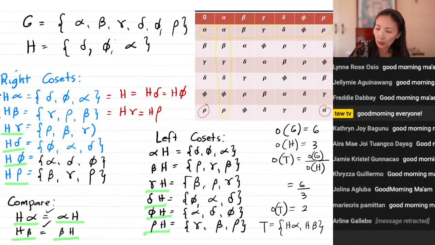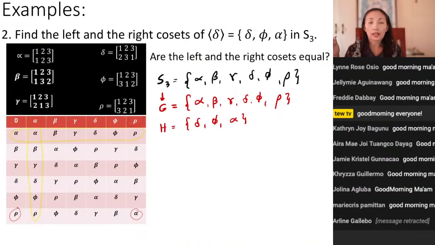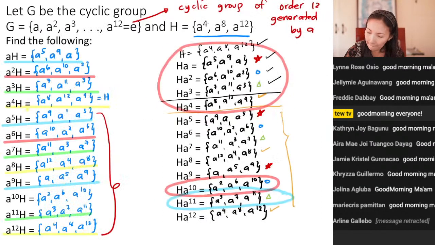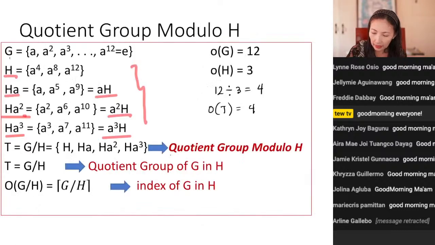Okay, so I hope quotient group and order or index is clear. Let's go back to yan. The order of T is G over H. Let me write that.